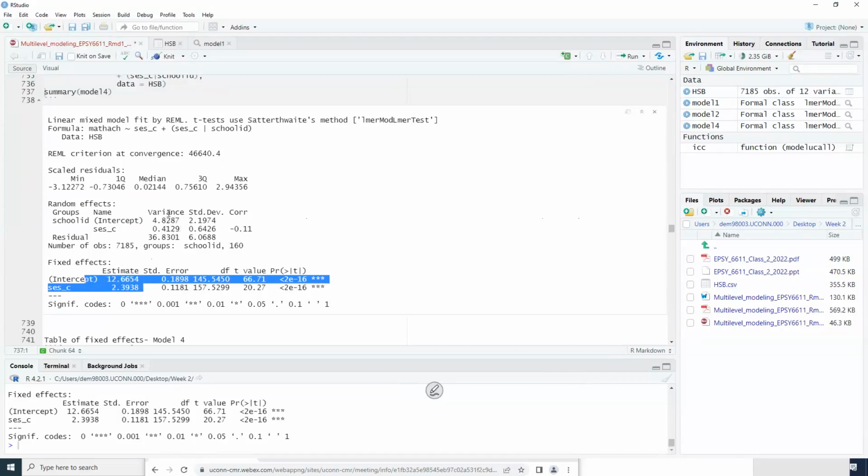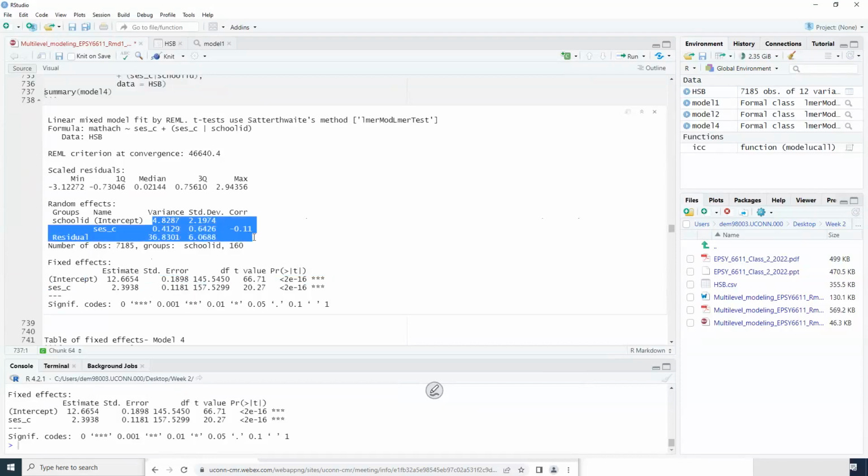What I do see is a much more complicated variance covariance structure. I have the between school variance in the intercepts and the between school variance in the slopes. That's what the 0.4129 is. I've got the within school variance, the 36.83. So this 0.413 is really new. We didn't have anything like that before because we weren't allowing the slopes to randomly vary.